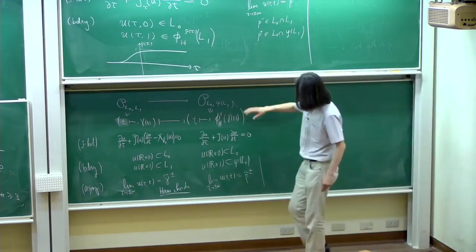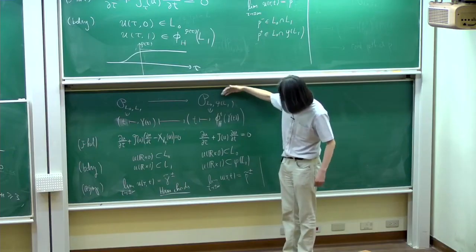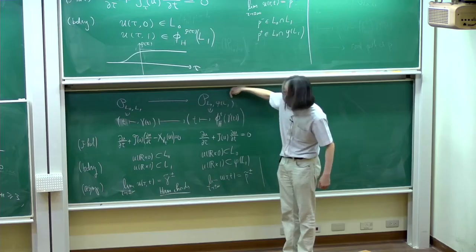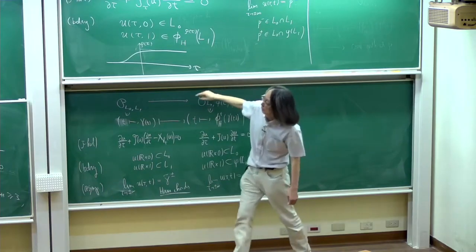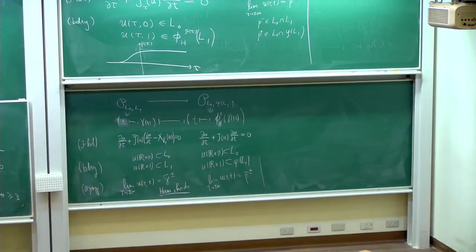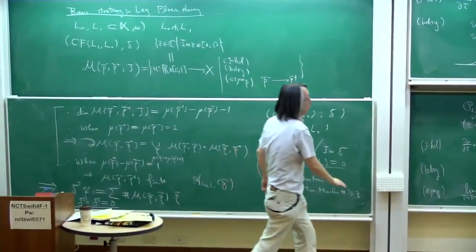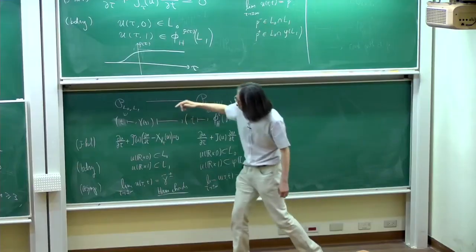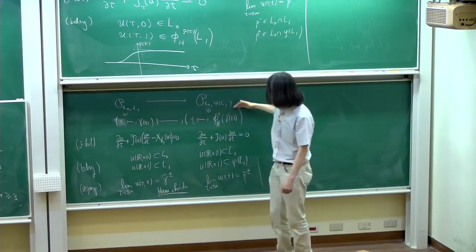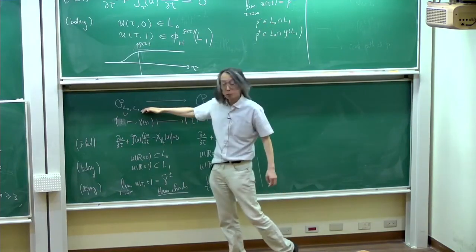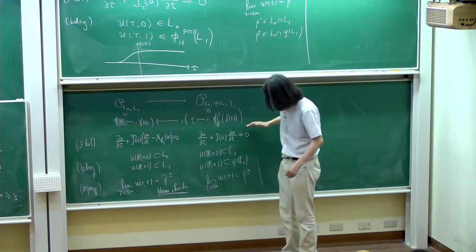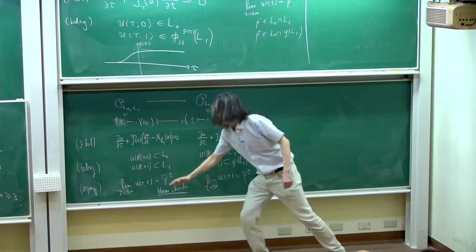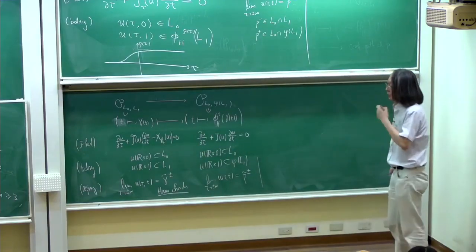So we can understand this Floer complex for L0, φ L1 just as I explained here. But because the path space can be identified with this path space, and the gradient can also be transformed to some vector field here, the gradient flow line also has a corresponding object here, and then you have this kind of correspondence.